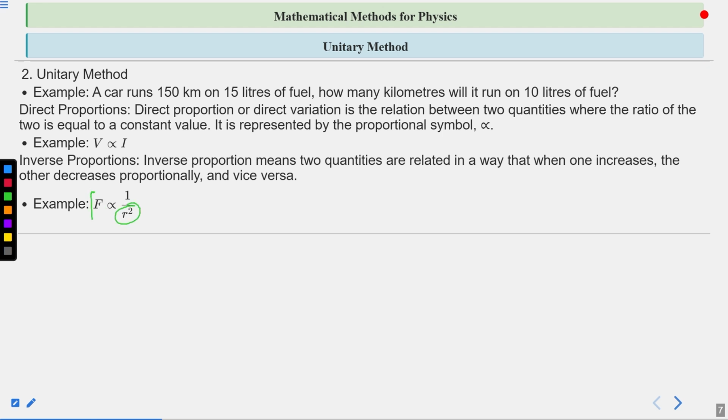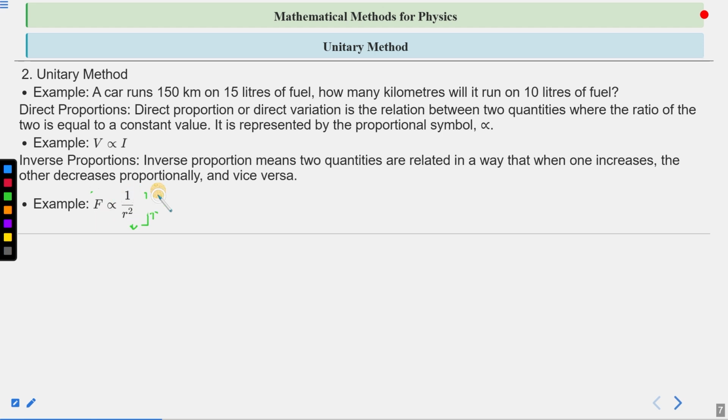There are two methods to learn it. First, f is inversely proportional to r square. Inversely means if f increases, then r decreases. If f decreases, r increases. This is the meaning of inversely proportional.